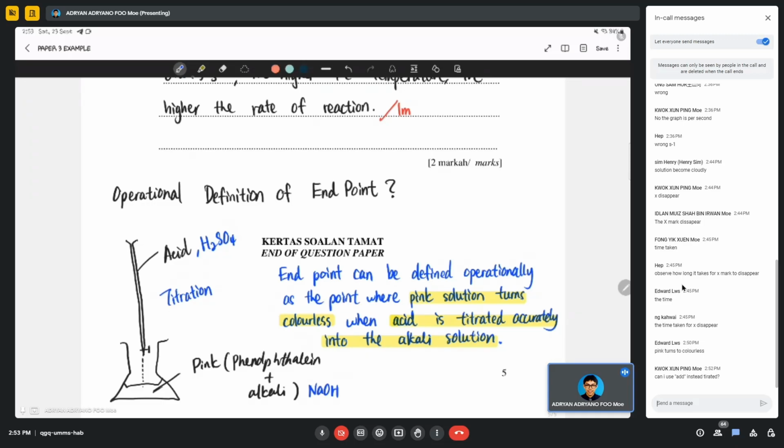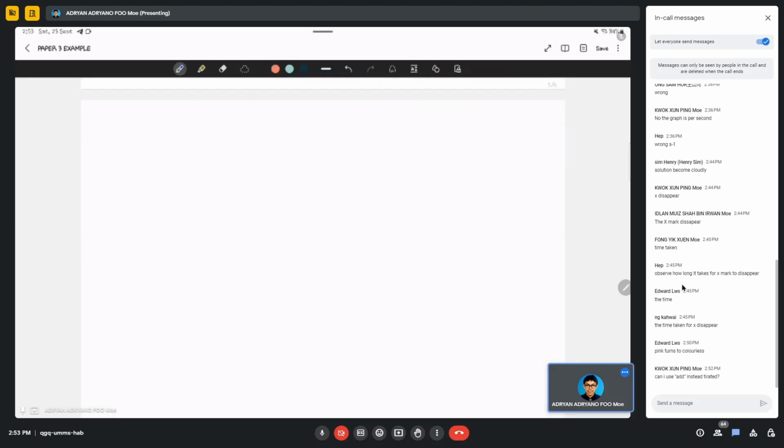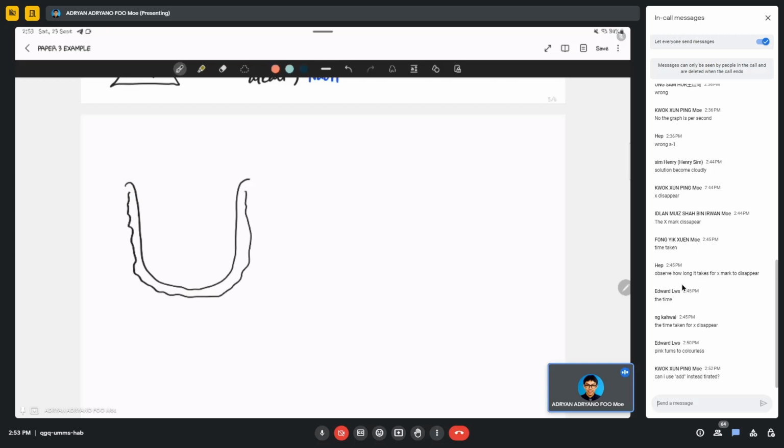Okay, so another example. What is the operational definition of exothermic reaction? Okay, and then you do what? Heat of displacement, whereby in a copper(II) sulfate solution you put a metal in, and then you measure the temperature with the thermometer, it will increase, right? So what do you observe? I can't draw it, if I don't draw you won't understand. You have a beaker, and then you wrap the beaker with cotton wool, right? And then you have a thermometer.